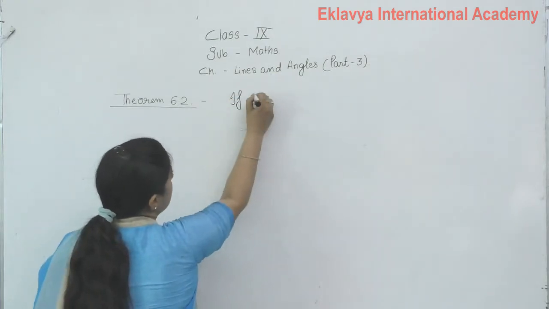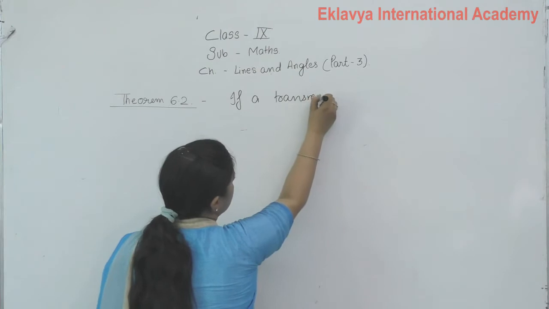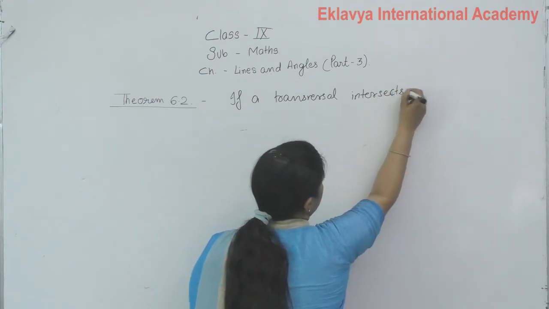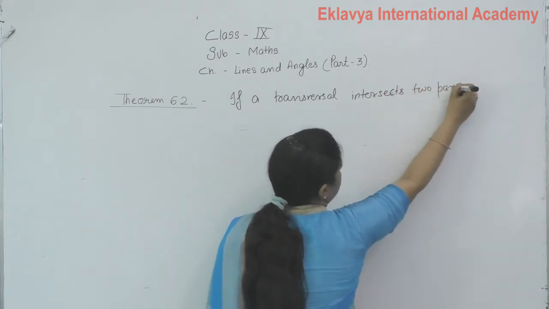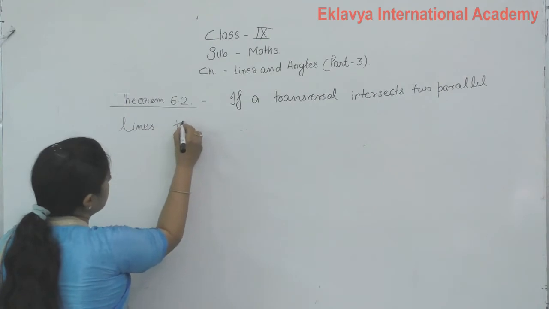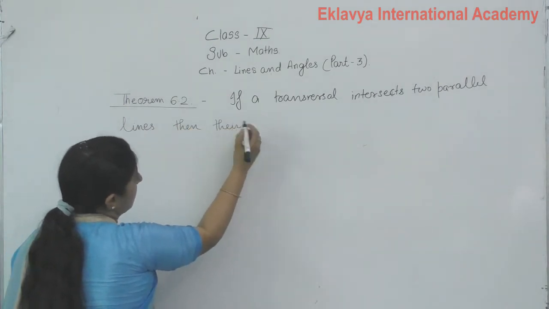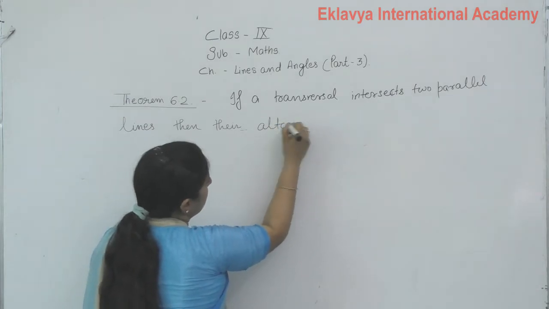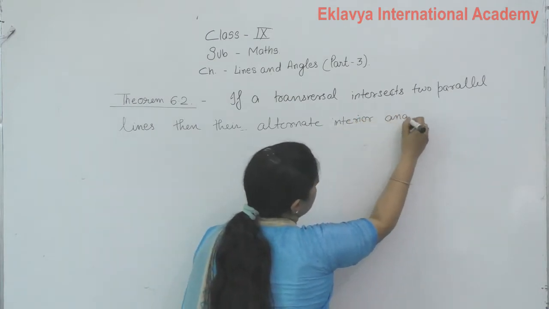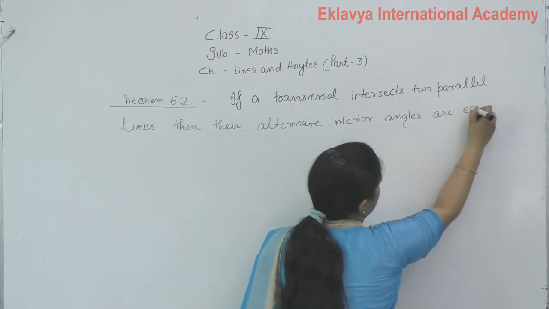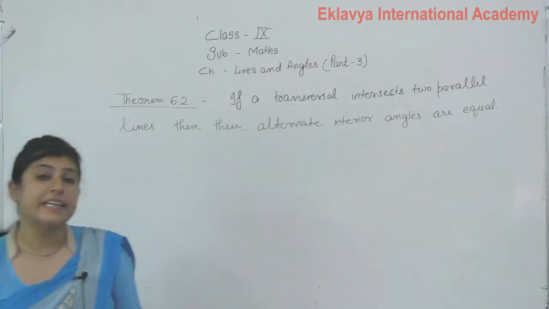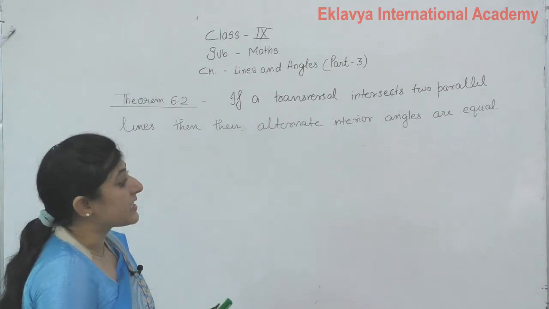If a transversal intersects two parallel lines, then their alternate interior angles are equal.